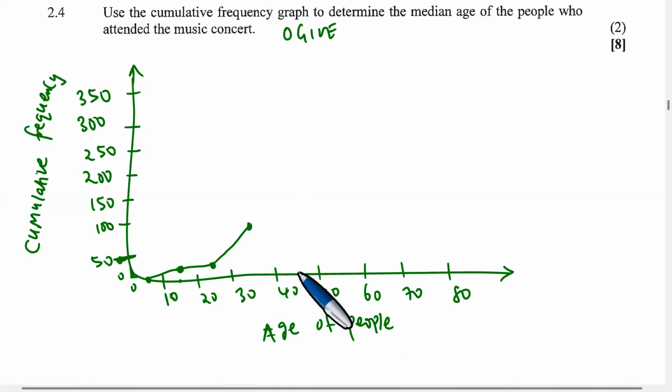So we have 45, which is here, is 195. Approximately 45 there.